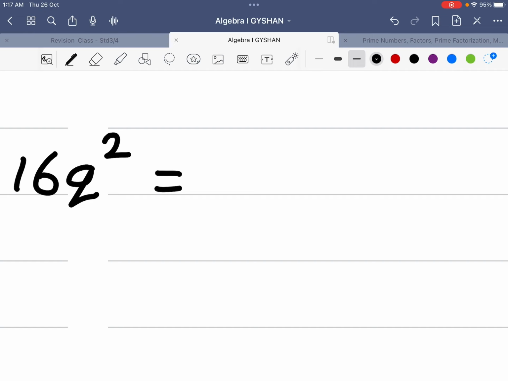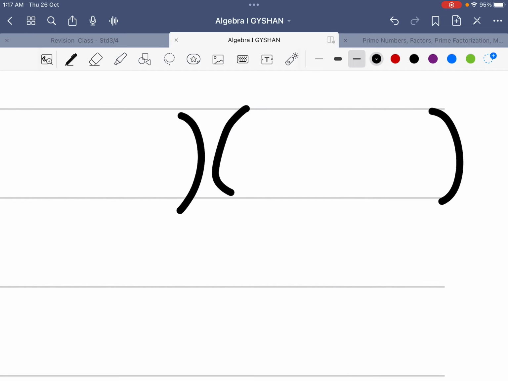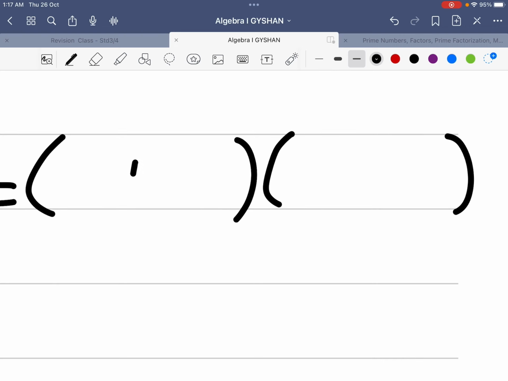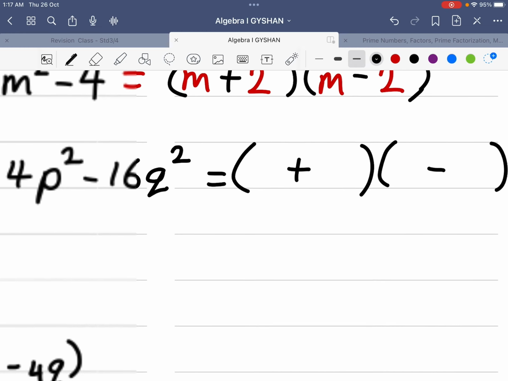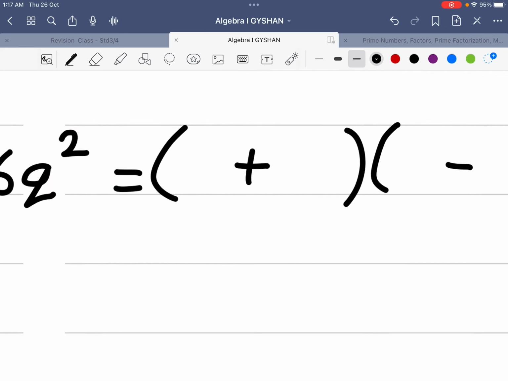So we're going to have two brackets, with an addition sign in one and a subtraction sign in the other between the square roots of the terms. The square root of 4 is 2, the square root of p squared is p, so that's 2p.